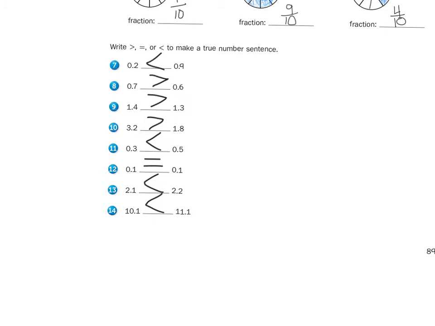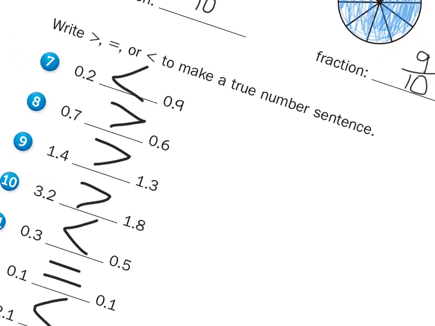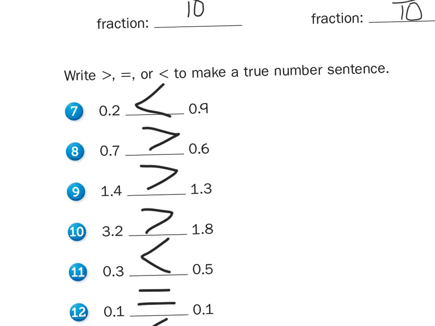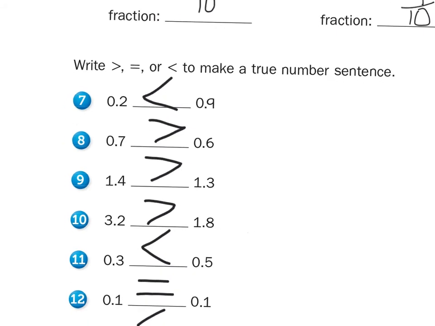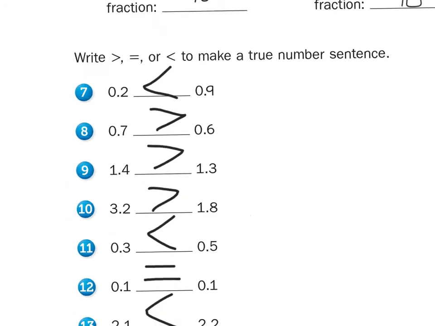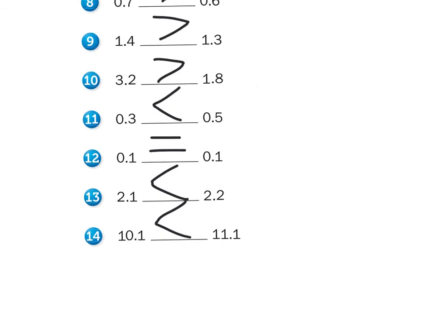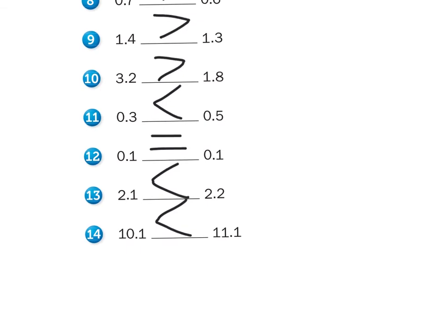All right, so number 7, I'm going to read through these number sentences with the answers in them. So 2/10 is less than 9/10. 7/10 is greater than 6/10. Now listen carefully with how I say this.